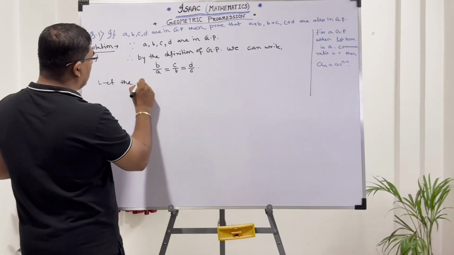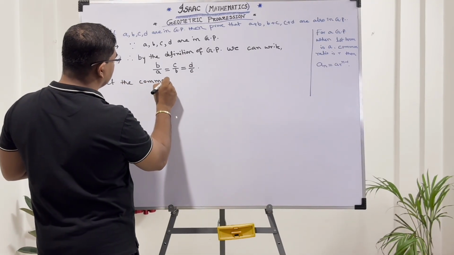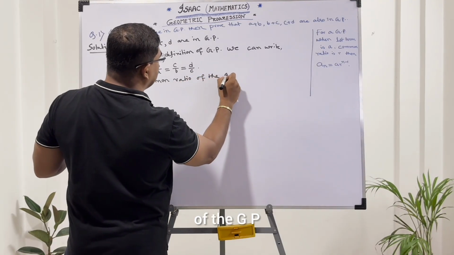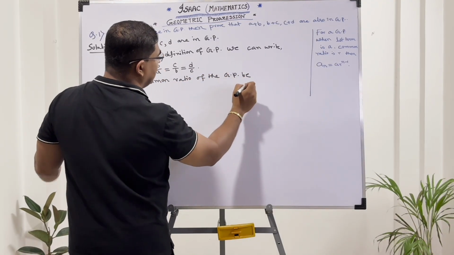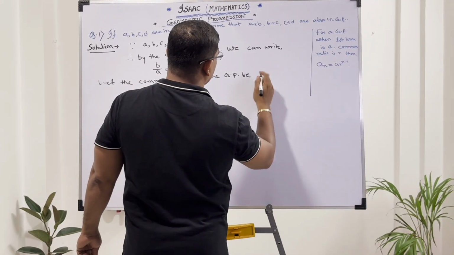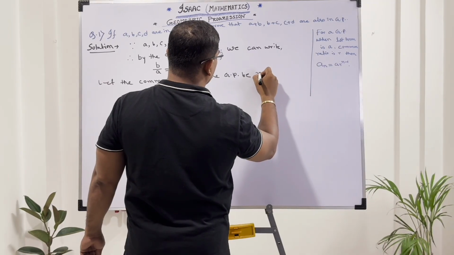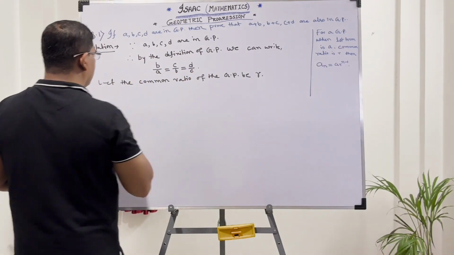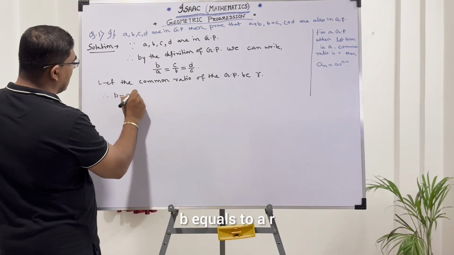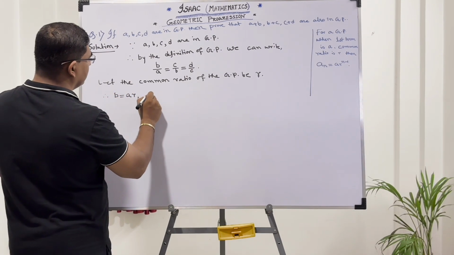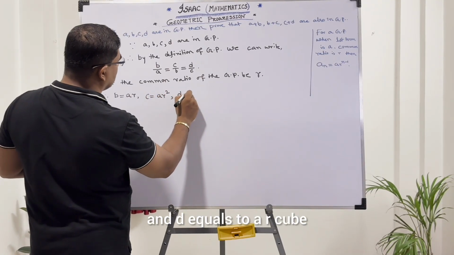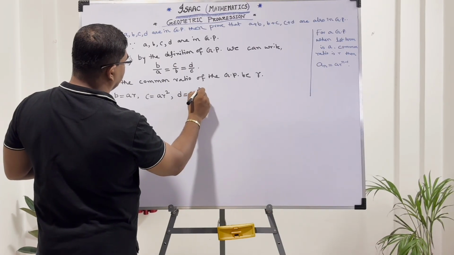Let the common ratio of the GP be R. So therefore, B equals AR, C equals AR square, and D equals AR cube.